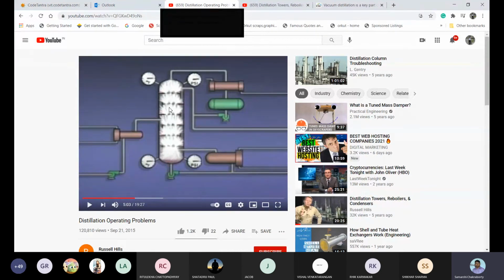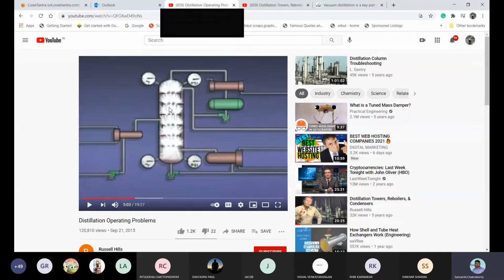But if your vapor flow within the system is very low, your trays will no longer be able to hold that amount of liquid, and through the perforated plates the liquid from the top tray is going to come down to the bottom tray, and product quality is going to deteriorate further. This phenomenon of reducing vapor flow we will call weeping, like when a person cries and tears fall.